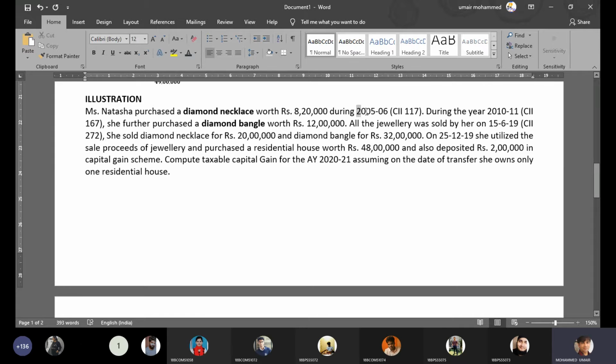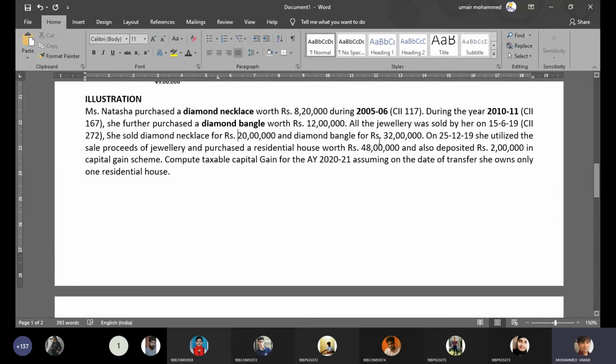So she has bought this in 2005-06, and one more item in 2011-12, and both are being sold in the previous year, which is 2019. So whether it is the diamond necklace or the diamond bangle, both are being held by the assessee for more than 36 months, and hence both are long-term capital assets. So she has sold both the diamond bangle as well as the diamond necklace on 15th June 2019 at different price points, of course.